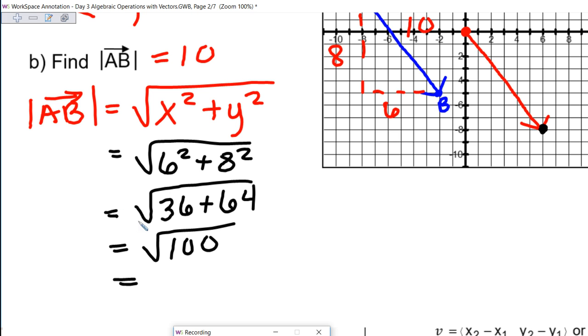Square root of 100 is 10. So we found the answer 2 different ways. We saw the right triangle with a Pythagorean triple, or we used the formula, the square root of x squared plus y squared. Now that one came out nicely. We had a perfect square. But if you didn't, then you would need to simplify your radical.